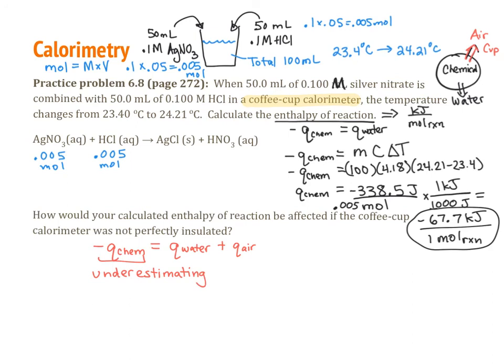So this means that the Q chemical will be smaller than it actually is because we aren't accounting for this stuff here. Therefore, because the enthalpy of reaction is directly based on the energy lost by the chemicals and gained by the water, we would underestimate the enthalpy of reaction.